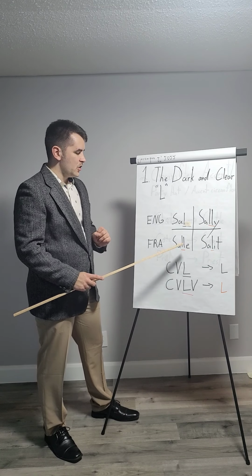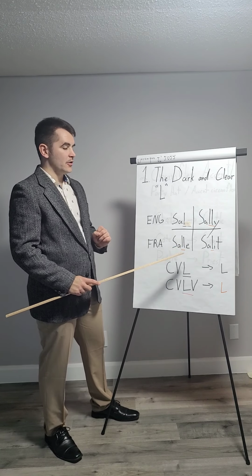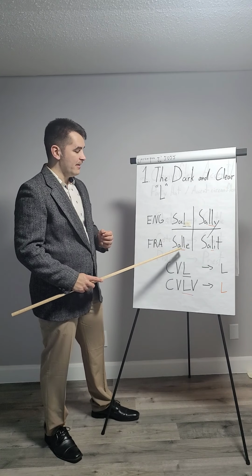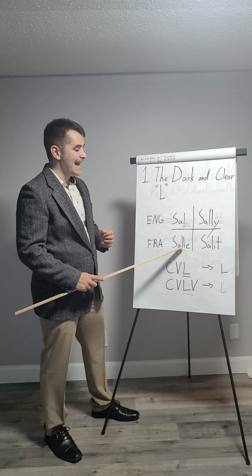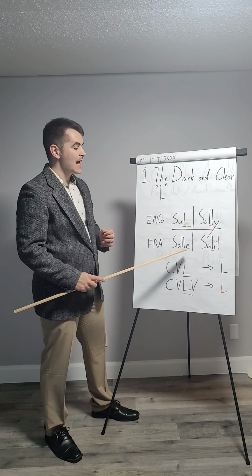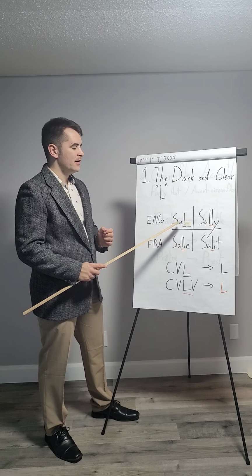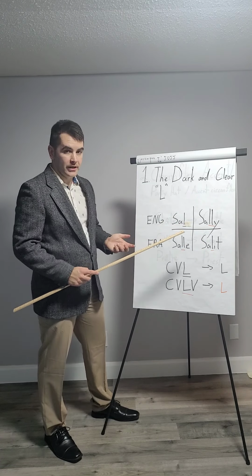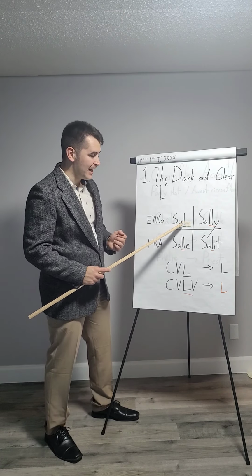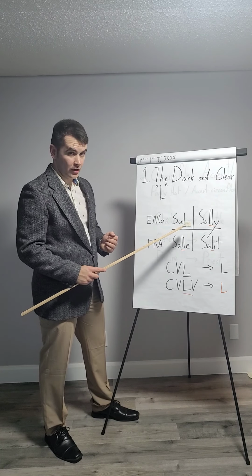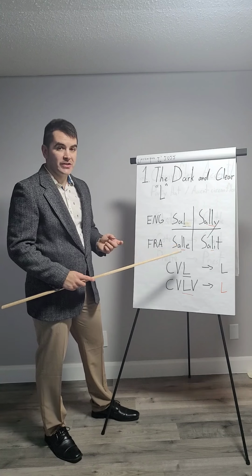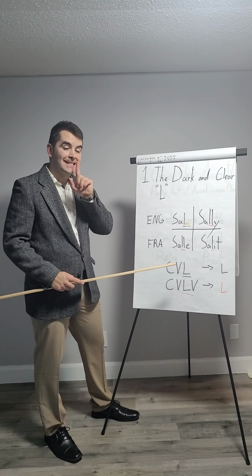But you could tell right away that you're dealing with an Anglophone or a non-native French speaker if they pronounce the word sale as sal. So I use this square on purpose because although it is correct to say sal in English with the dark L, in French you want to use the clear L. So at the tip of the tongue.